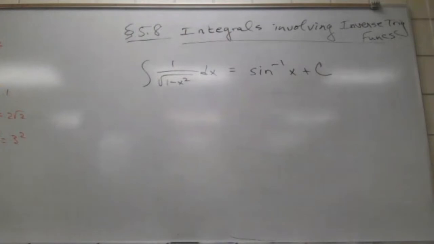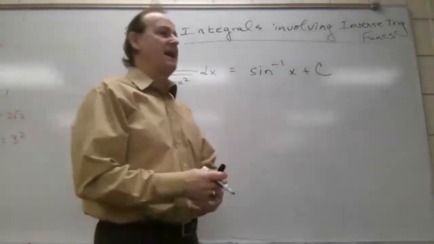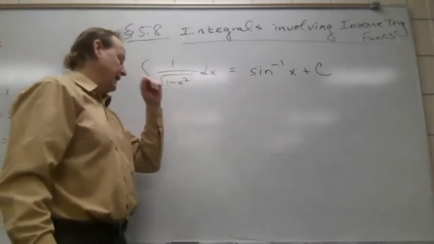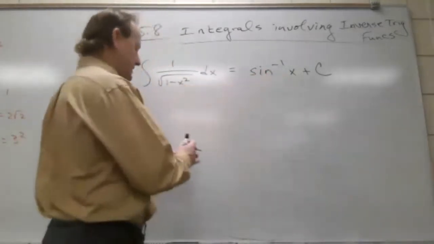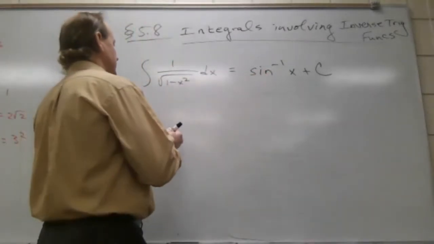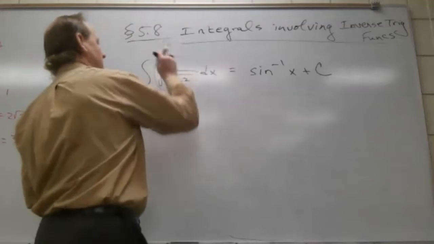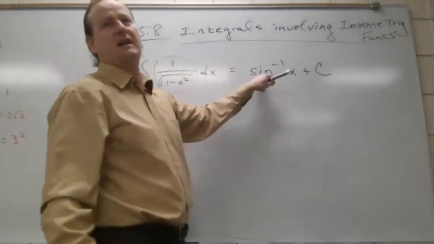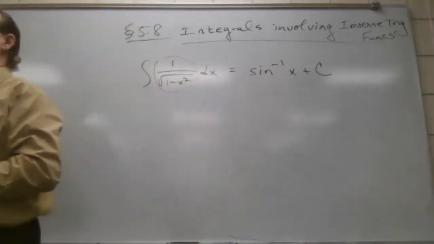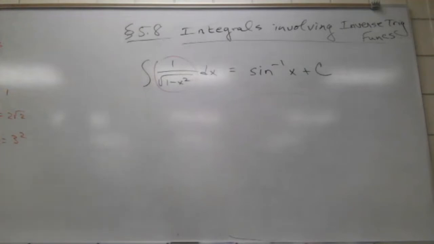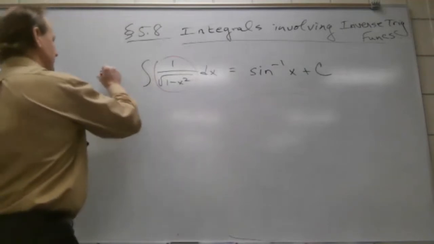When you have a general antiderivative, we have a family, right? But long story short, you can ask yourself an easy question: the derivative of what is 1 over the square root of 1 minus x squared? Well, the derivative of arcsine is 1 over the square root of 1 minus x squared, right? So this is a theorem.